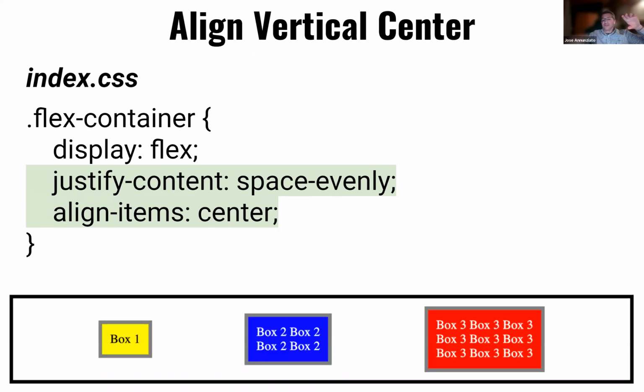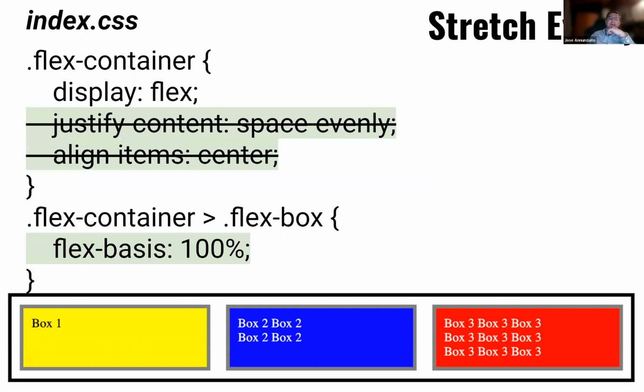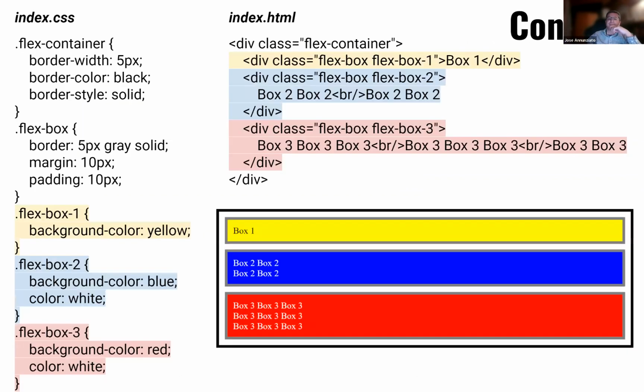Or you can stretch them to take up the entire height of the content, like using flex spaces 100%. They take up the entire width and height of their container, evenly spaced out across the content.